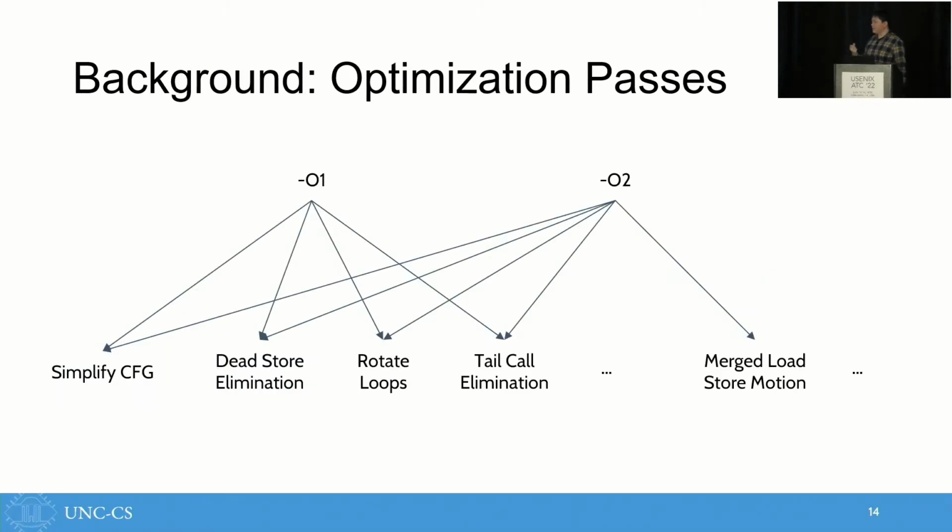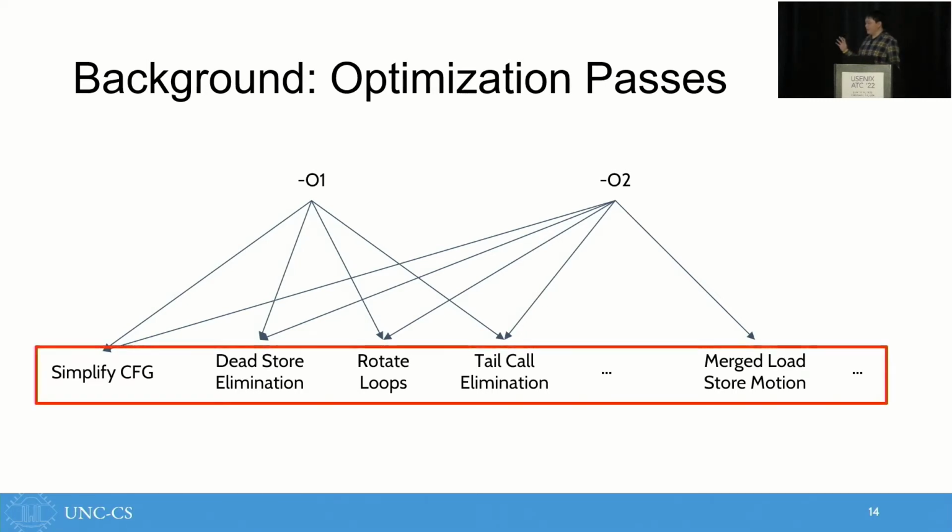A little bit of background on optimizations and passes. Most developers only focus on the optimization level when they compile programs. However, internally, compilers apply fine-grained optimization passes to each optimization level.